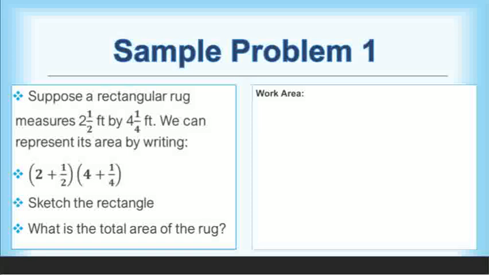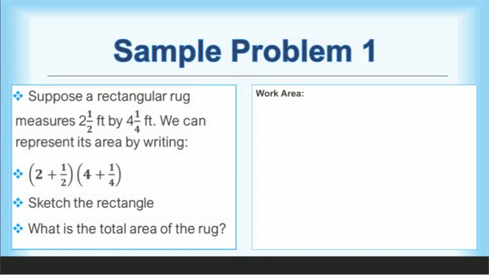Suppose a rectangular rug measures 2.5 feet by 4 1/4 feet. We can represent its area by writing 2 plus a half times 4 plus 1/4. Sketch the rectangle and find the total area of the rug.